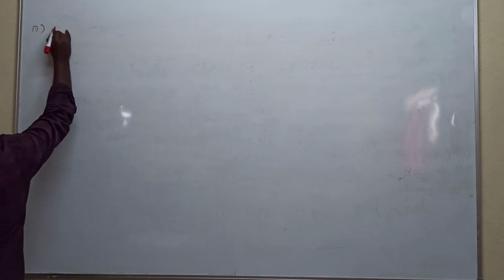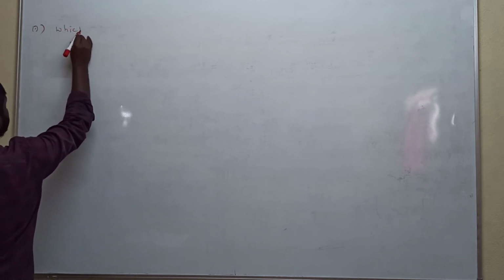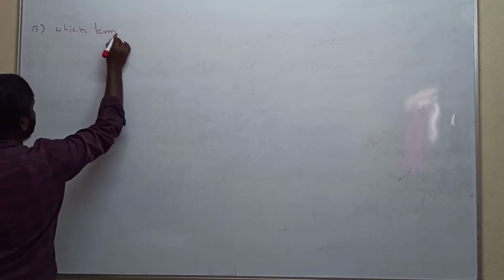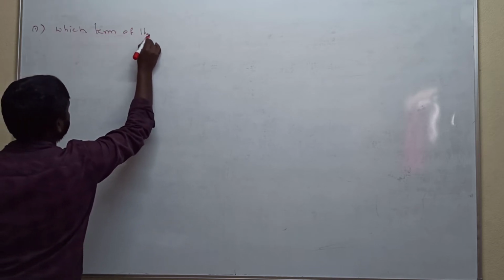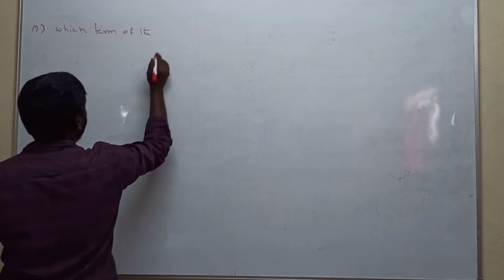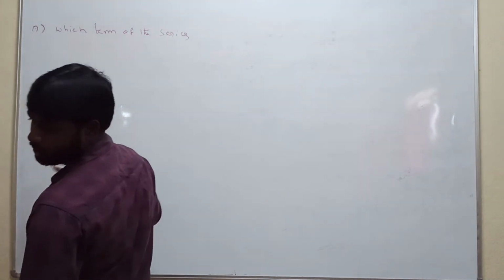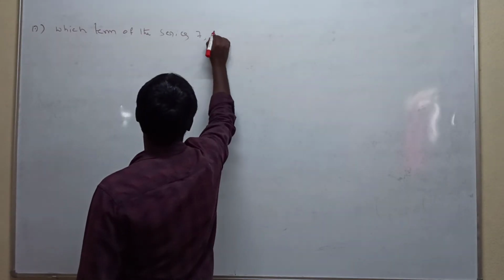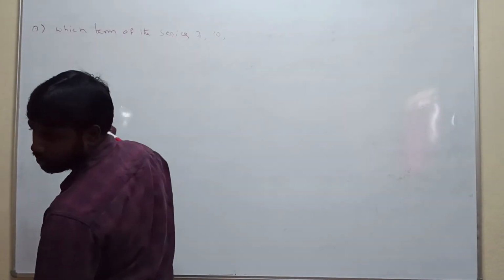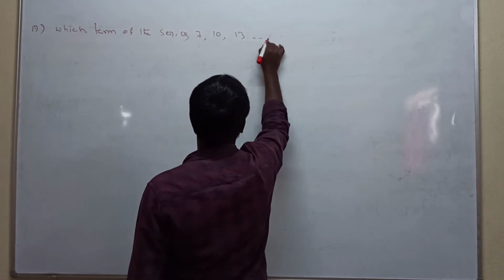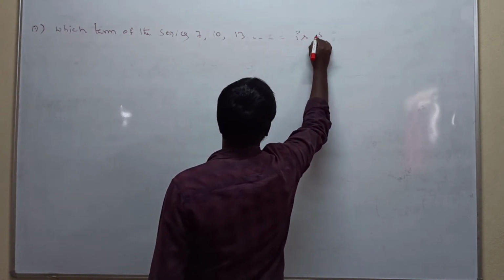Which term of this series? Which term of this series means the term of, n value. Which term of the series 7, 10, 13, and so on is 151?